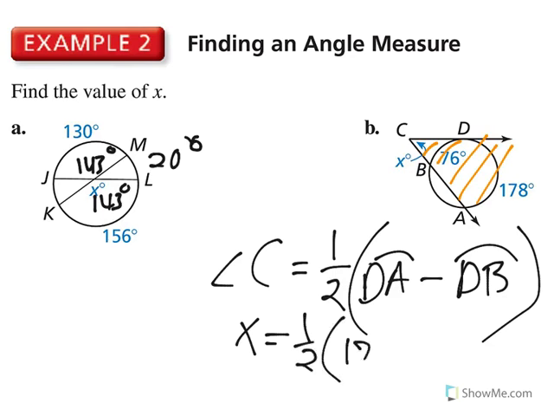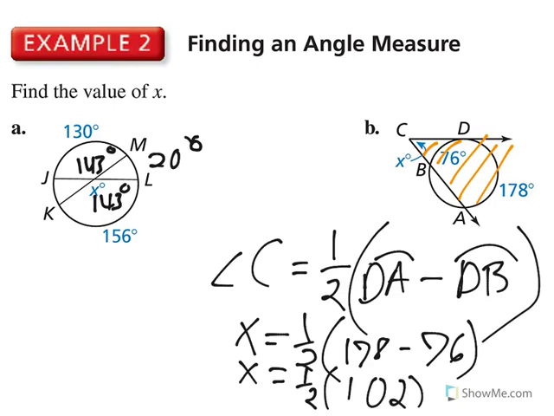DA is 178 minus DB of 76. And so we get half of 102. And half of 102 gives us 51 degrees. So in this one, angle C up here, or that angle x, is 51.